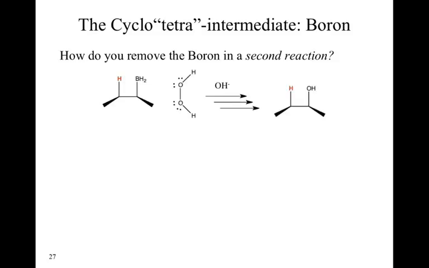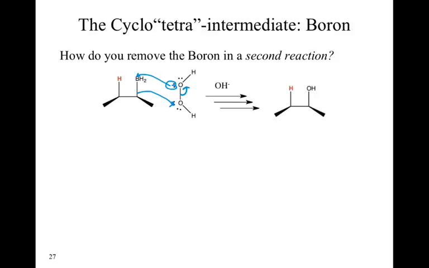At least the way I visualize it to help me remember the stereochemistry, what happens is our boron can accept electrons from the oxygen, which can kick electrons out to the other oxygen, which can kick electrons through, and everything comes out happy.